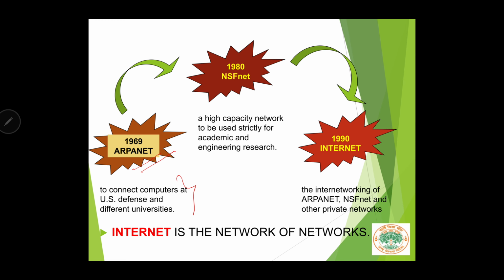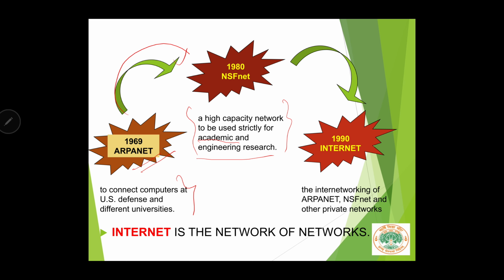After that, moving forward, in 1980, NSFNET came into existence. What is NSFNET? It was a high capacity network and it was strictly used for academic and engineering research. Till 1980, as you can see from the networking chart, networks were not available to the common man.